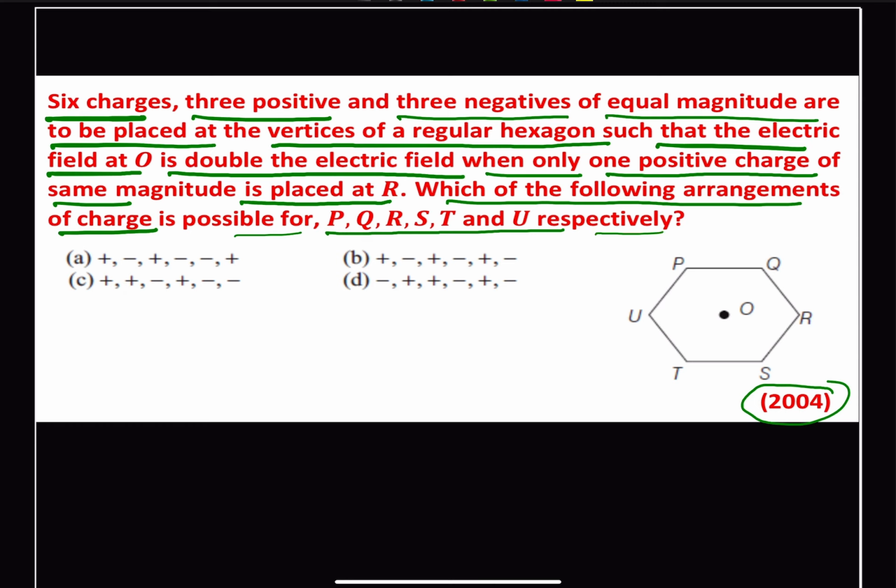So here the important thing to be kept in mind is that the electric field at O should be double the electric field. Okay?